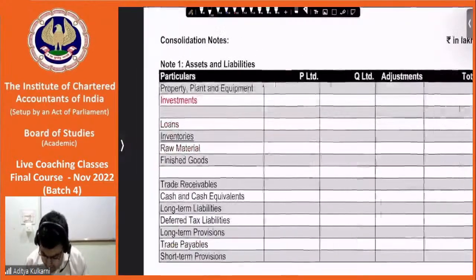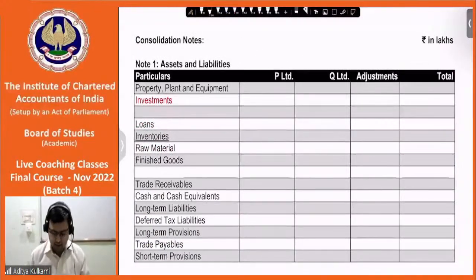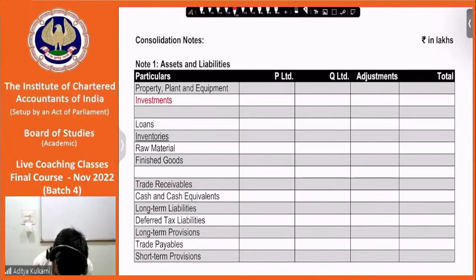The next step is consolidation notes. This is note number 1, assets and liabilities. What did I say? I told you that we have to consider all assets, all liabilities without making any adjustments, but ignoring 3 items. Okay. So here I will ignore 3 items. What are they? First one, investment of P Limited in the subsidiary Q Limited.